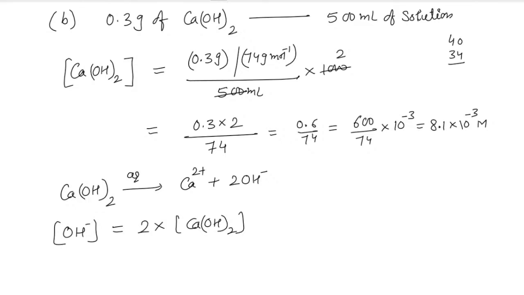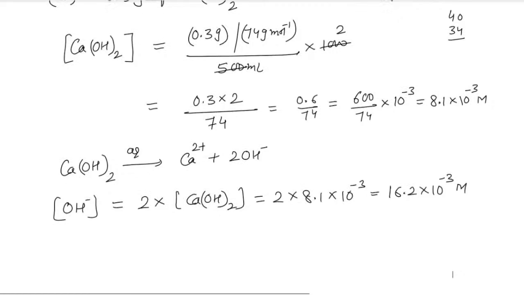Because 1 molecule of calcium hydroxide will give 2 ions of OH negative. So it is 2 into 8.1 into 10 raised to power minus 3, that is 16.2 into 10 raised to power minus 3 molar.